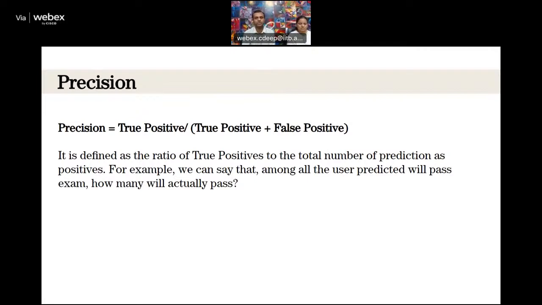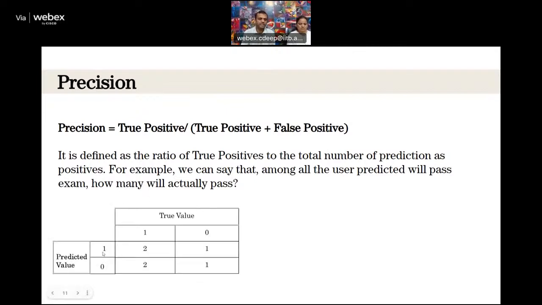So I predicted 16 students wrongly. Take another example: I predict pass because 80% mark is the threshold, and 0 if the student does not get more than 80%. I say 3 students will get more than 80%, but actually 4 students got more than 80 marks, and in my 3 predictions only 2 are correct. So precision is 2 over 2 plus 1, which is 0.66.